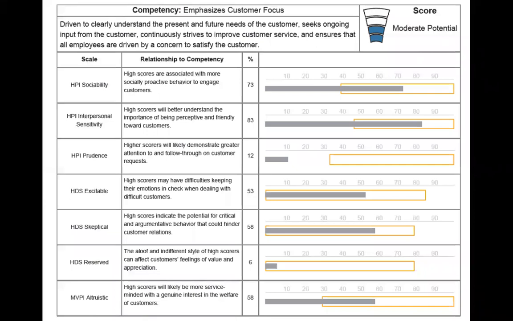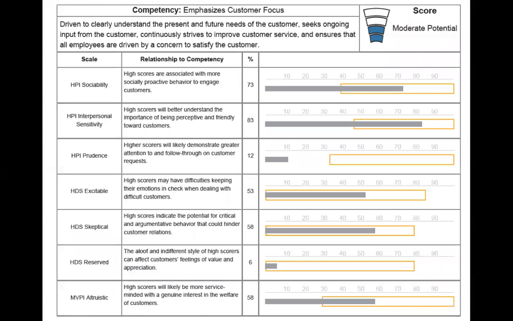And the window in the orange box there shows that you don't need to have the highest scores in sociability, but you certainly can't have too low scores. So a level of sociability is required to perform this. And so what we see for this individual is that their sociability scores are quite good, 73rd percentile, and that fits well within the window.